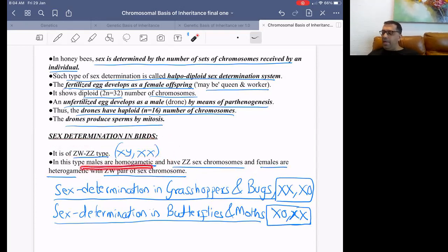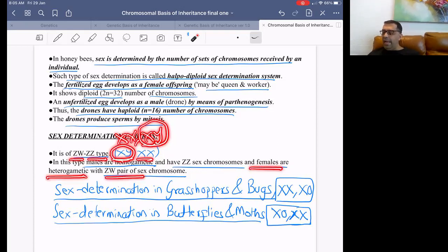Males are homogametic and have ZZ sex chromosomes. So in humans it was XX females and XY males, and males were heterogametic. In birds, it is ZW and ZZ, where females are heterogametic with ZW and males are homogametic with ZZ sex chromosomes.